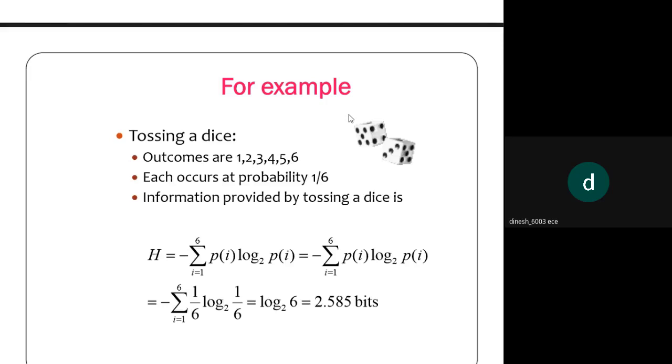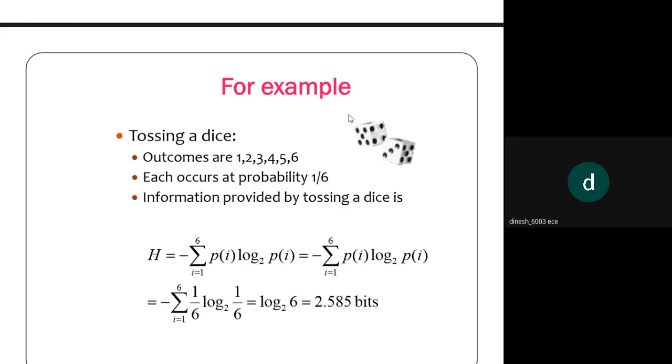If I write 1 by 6 of probability 1 plus 1 by 6 probability of 2, 1 by 6 probability of 3 plus 1 by 6 probability of 4 plus 1 by 6 probability of 5 plus 1 by 6 probability of 6, when I sum all these, I get log of 6, which is equivalent to 2.585 bits.